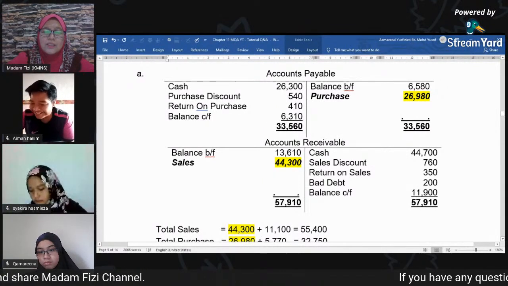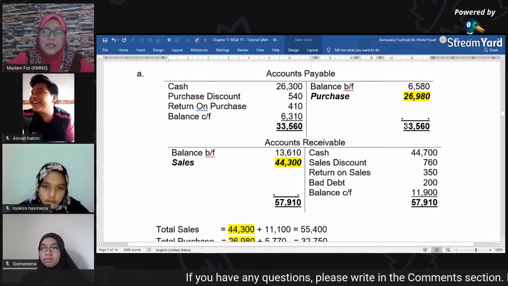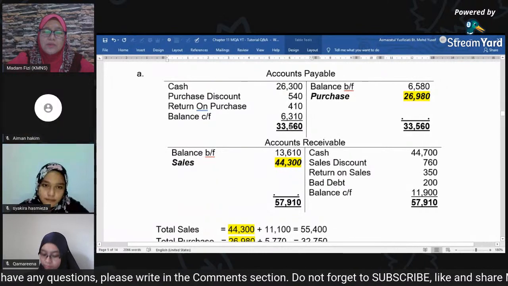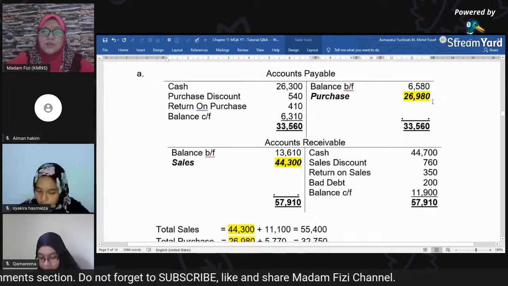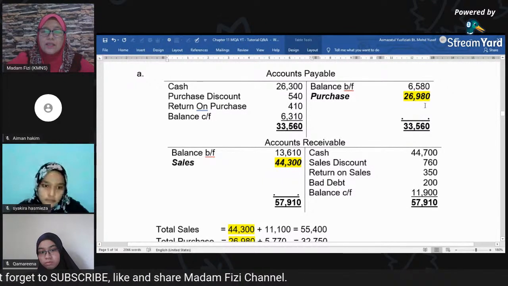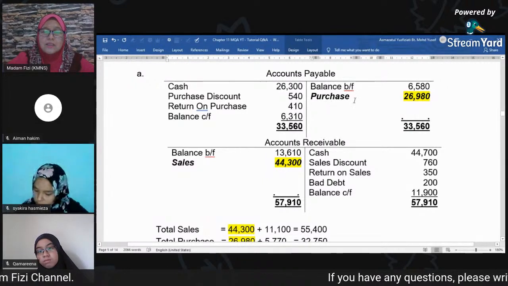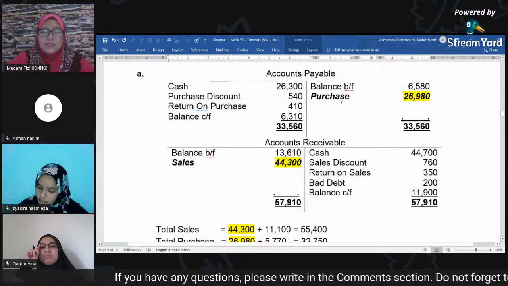So, you balance the left and right credit side, that is 33,560. So the missing figure here is 26,980. So this is purchase. So this purchase is a credit purchase.